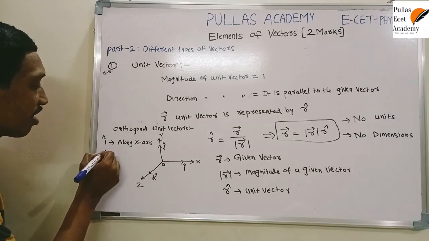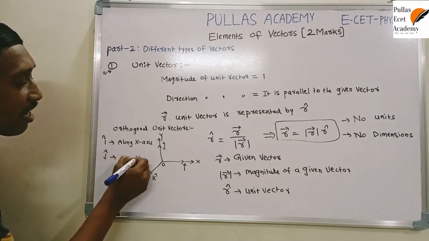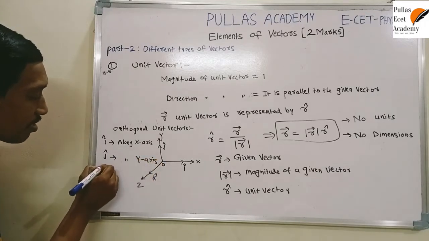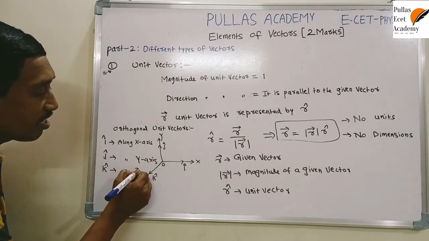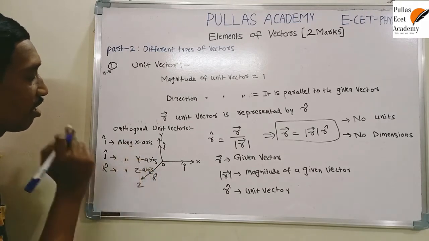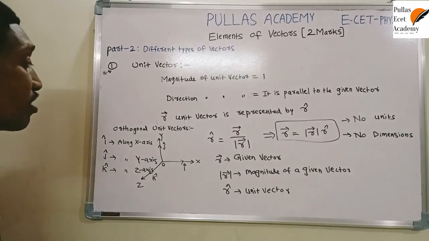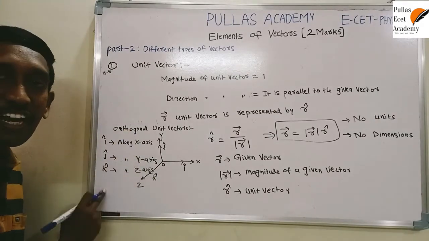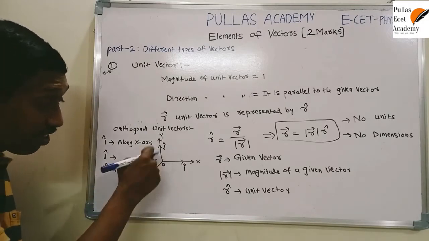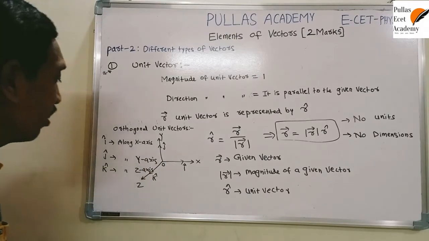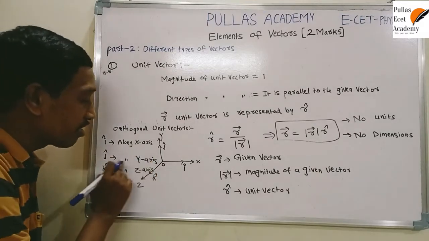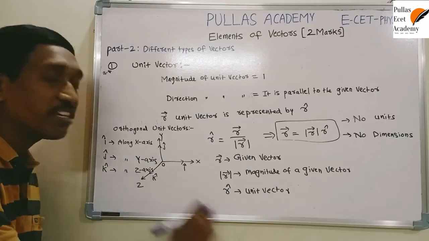Next, j cap stands along the y-axis, whereas k cap stands along the z-axis. Along the x-axis, along the y-axis, along the z-axis are the indications of these orthogonal unit vectors. i, j, k are orthogonal unit vectors. These 3 orthogonal unit vectors are mutually perpendicular to each other. They represent the directions of the x-axis, y-axis and z-axis.